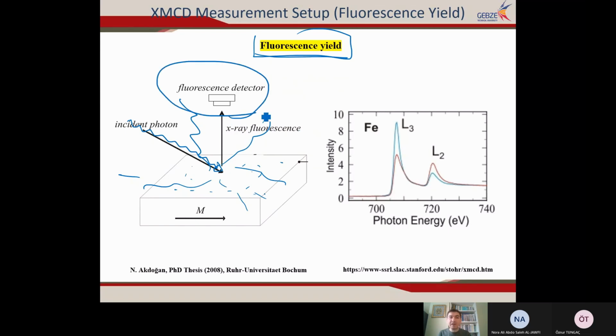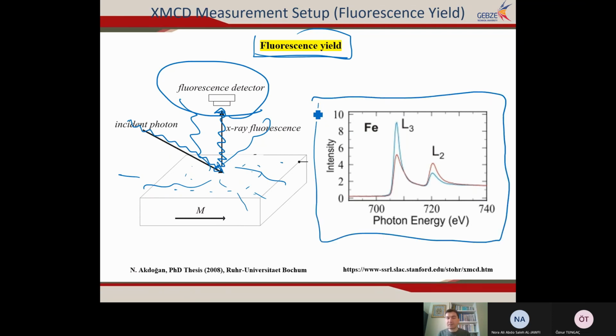Here I put a fluorescence detector, an X-ray detector. Then I count the fluorescence X-rays coming from the sample. Then I measure the same result.